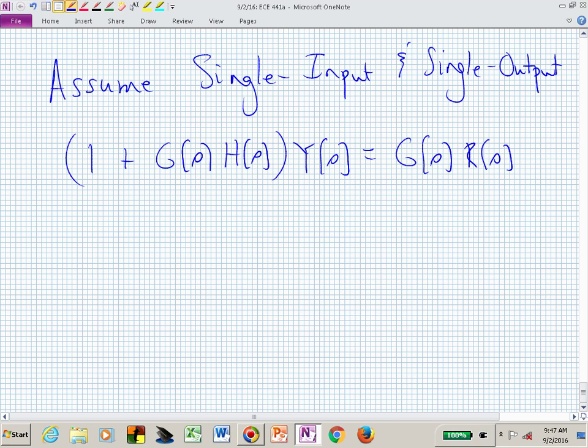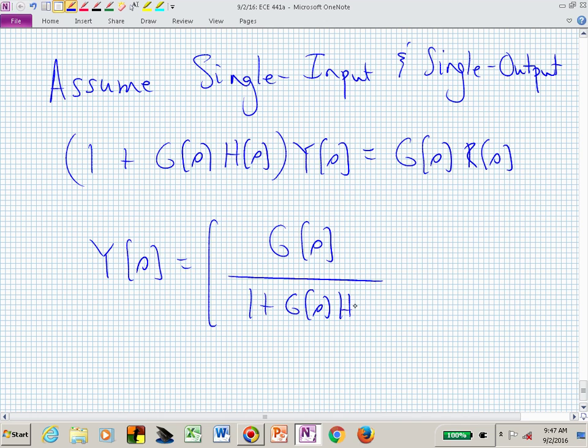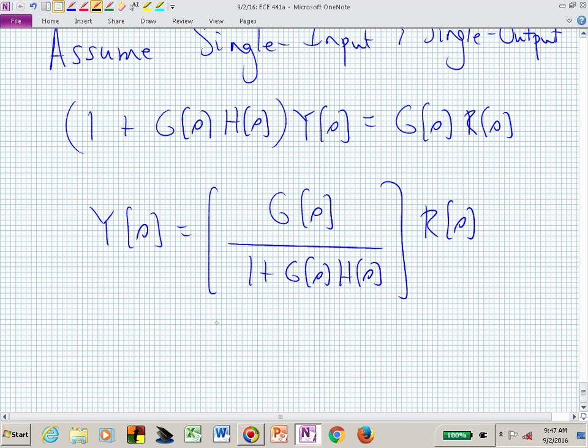That's just some polynomial expression in S. I can divide that on both sides, and I now have Y of S is equal to G of S over 1 plus G of S H of S times R of S. And if I wanted to, I could divide both sides by R of S to explicitly show that that block is our closed-loop transfer function. That's T of S. That's the closed-loop transfer function between the input R and the output Y.